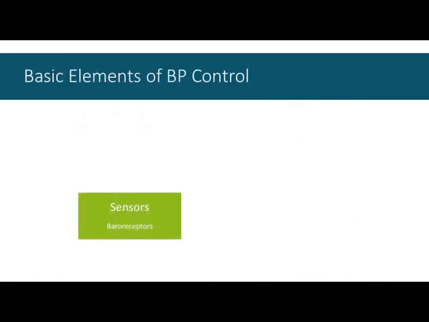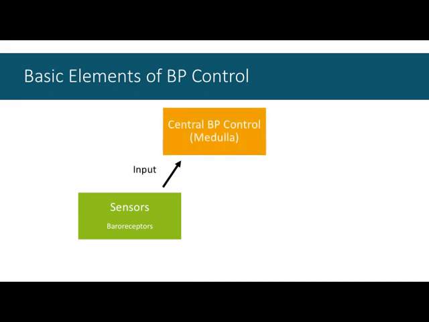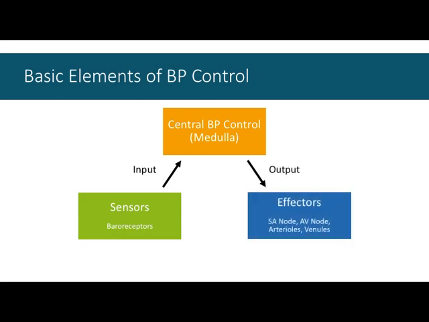Returning to our understanding of blood pressure control, we know there are sensors that monitor pressure in the periphery, baroreceptors in the aortic arch and the carotid sinus, that take some input or some tonic signal and compare it to a normal value in the blood pressure control center, here specifically in the medulla of the brain. And if there's a discrepancy, the brain controls some output mechanisms.